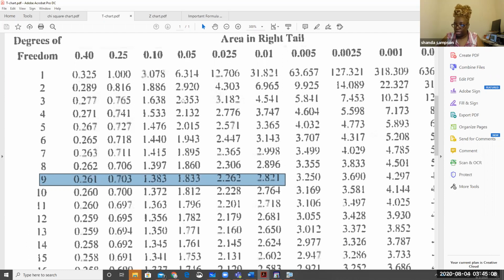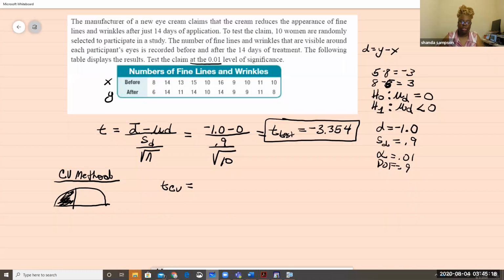Looks like 2.821. So your T critical value is 2.821. Is it? No, it's to the left. Remember, that chart only gives you to the right, and we're assuming it's a normal distribution, so it's negative 2.821.